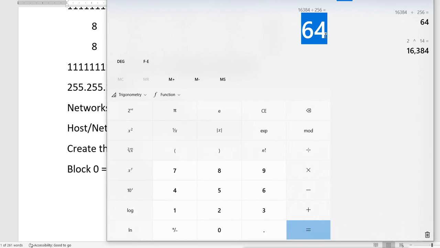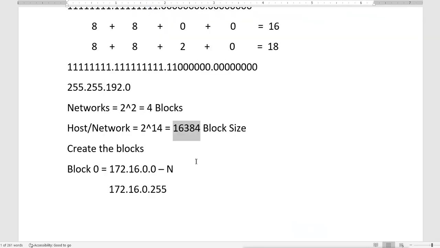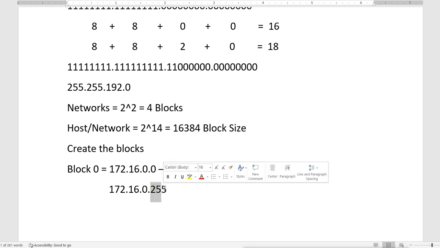So that means this number will go from 0 to 64. That means it goes 0 to 255, then 0 to 255, then 0 to 255, and how many times does it go 0 to 255? It goes up to 64 times.